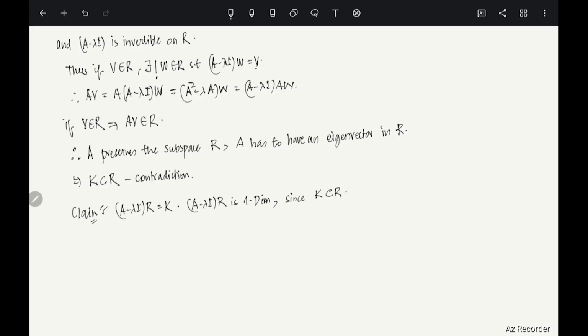Okay. Now let's say A minus lambda I times R is not the same as K. Then there exists a non-zero vector V, which is contained in K, for which A minus lambda I times R has to look like T times V, because it's one dimensional, right?